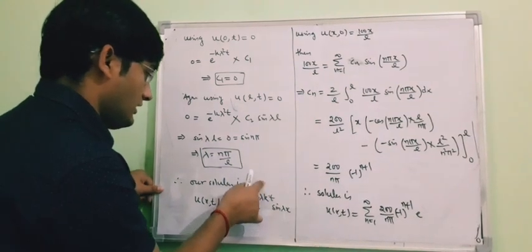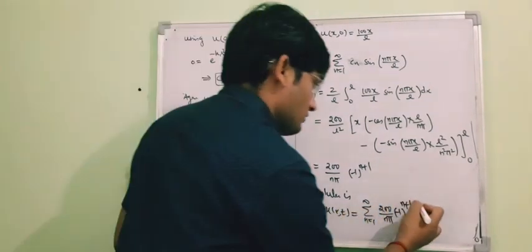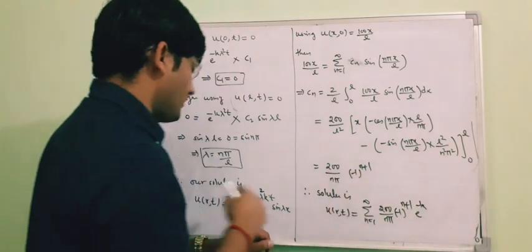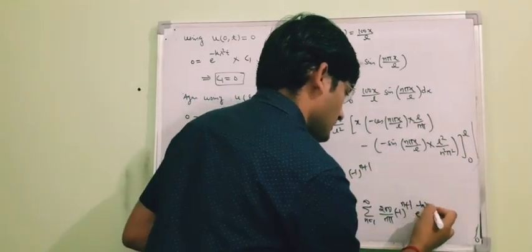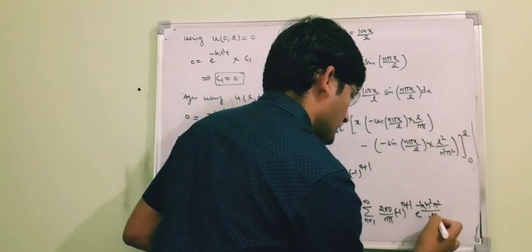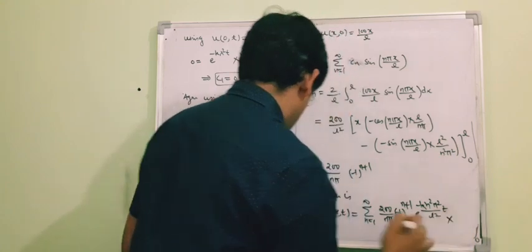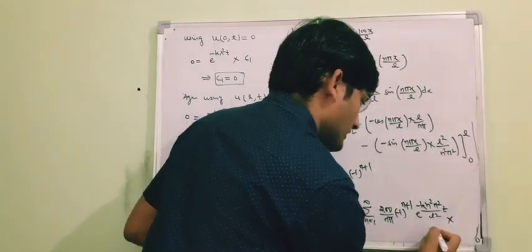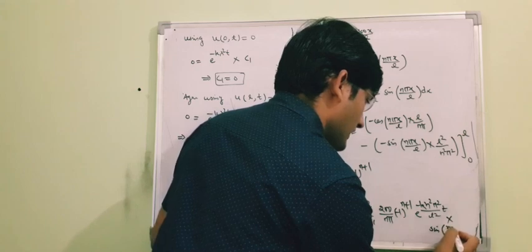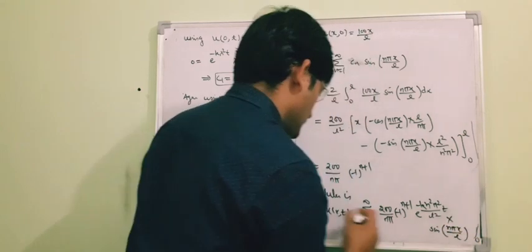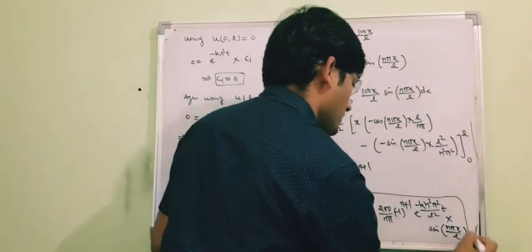Lambda square means n square pi square upon L square, into t, into sin lambda x. That means sin of n pi x upon L. So this is our solution of the present problem.